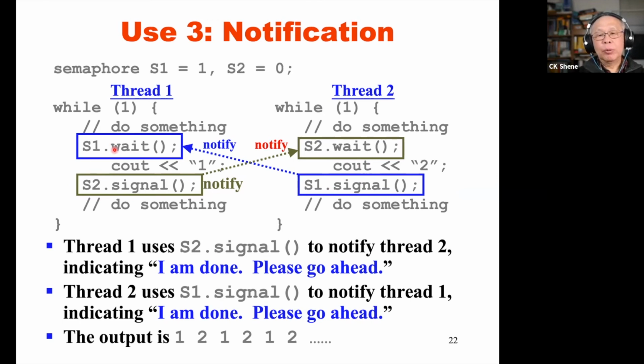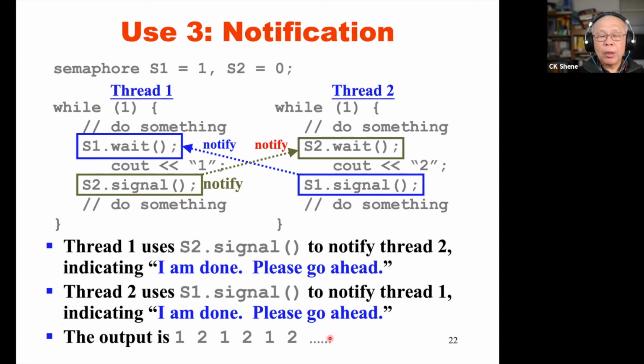By the same reason, after printing 2, thread 2 uses S1 dot signal to tell thread 1 that I'm done, please go ahead. So it's like playing ping pong. 1, 2, 1, 2, 1, 2. So the printed output is 1, 2, 1, 2, 1, 2, 1, 2, 1, 2.